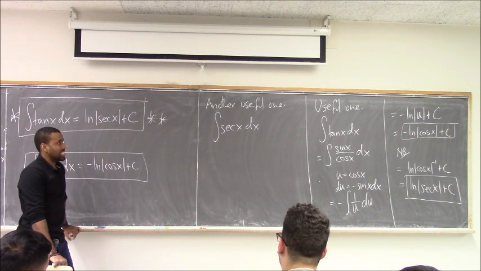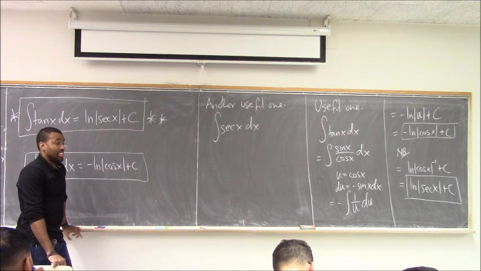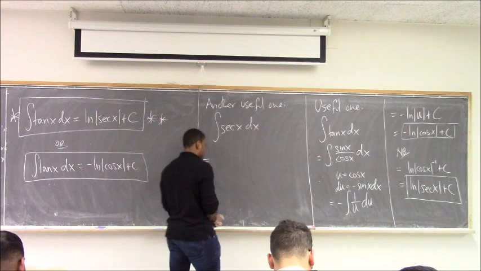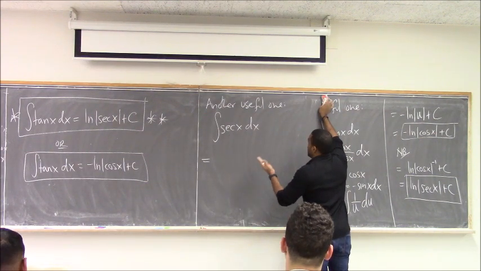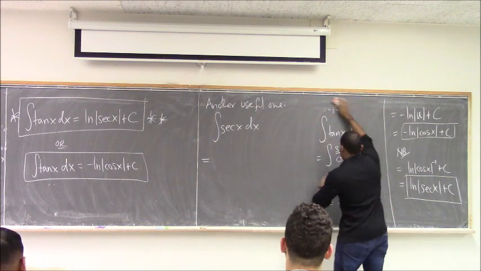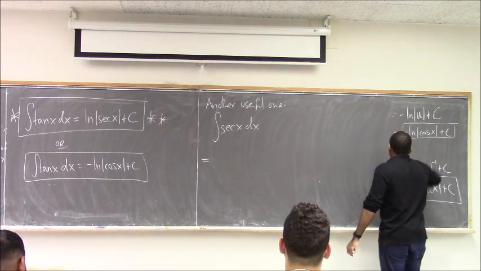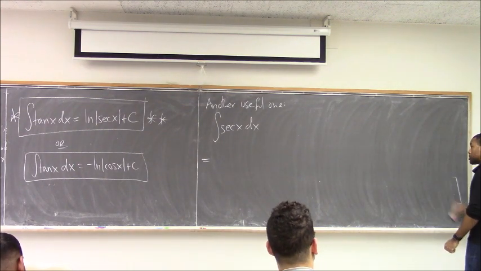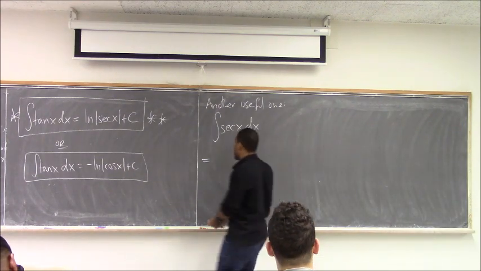Okay, so this one's a weird one. I'm going to tell you how it's done. Frankly, I don't even know how the person who came up with this came up with it. This is traditionally how this integral is done. We're going to do one of those sneaky math tricks where we multiply and divide by something convenient that's going to make this a little bit nicer.